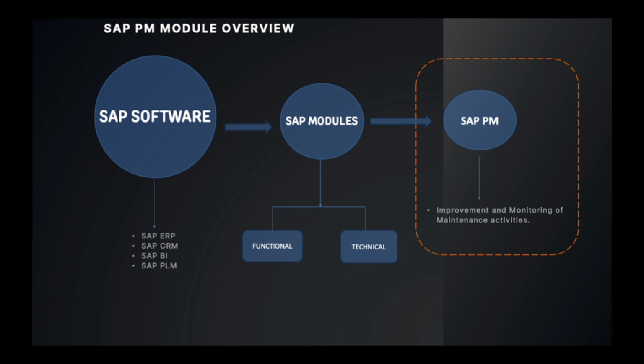And these resources range from materials to machineries to labor. These resources have to be kept in place and improved in order to improve the efficiency of the business operations.